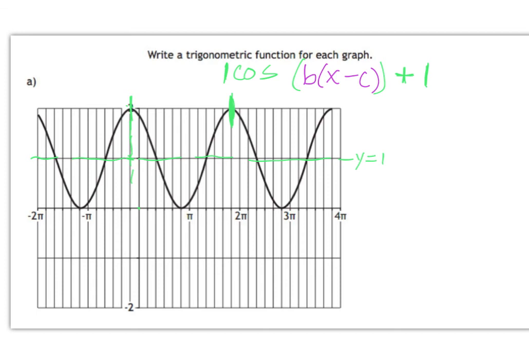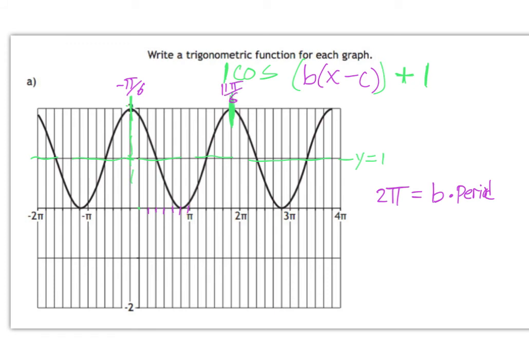So b, we said, was related to the period, and we said that 2 pi was equal to b multiplied by the period. Scale-wise, counting 1, 2, 3, 4, 5, 6, each line is pi over 6. My period starts at negative pi over 6, and it goes all the way up until 11 pi over 6.